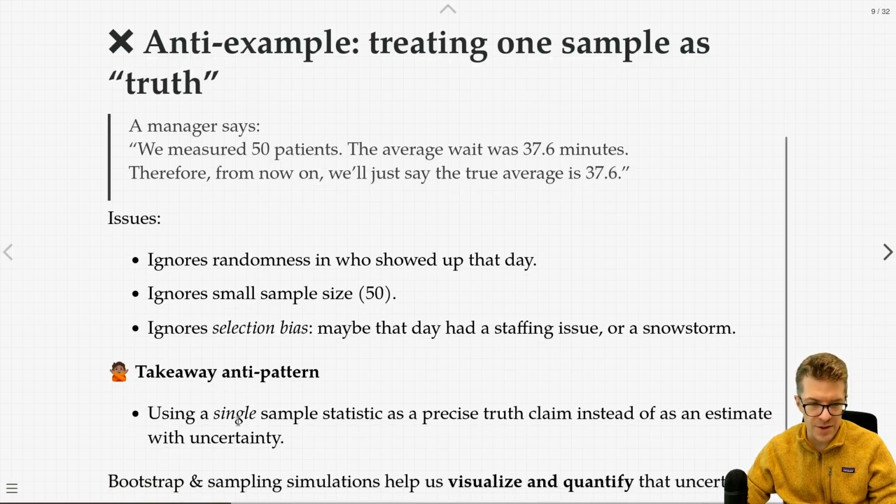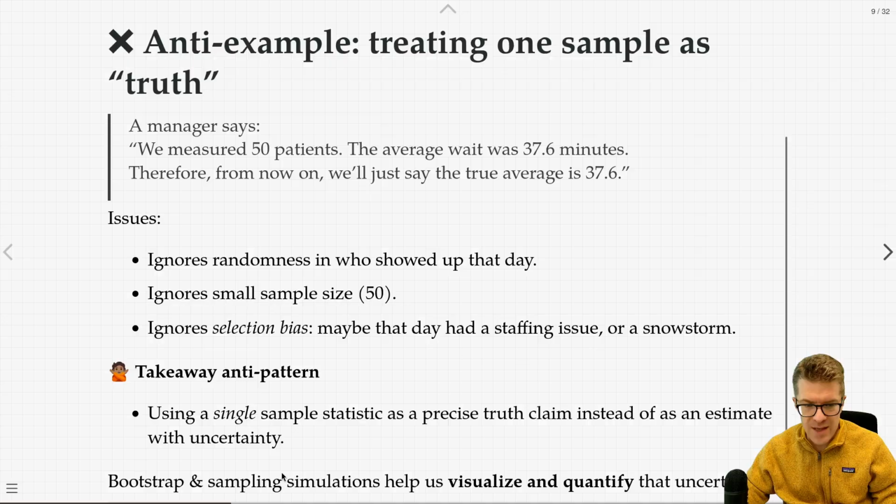So the takeaway here is that using a single sample statistic as if it's a precise claim of truth, instead of couching it in all these claims of uncertainty and statistics of uncertainty, is superficial, and we don't want to be superficial. We want to try to seek out the truth and indicate whenever we can when we don't have it.